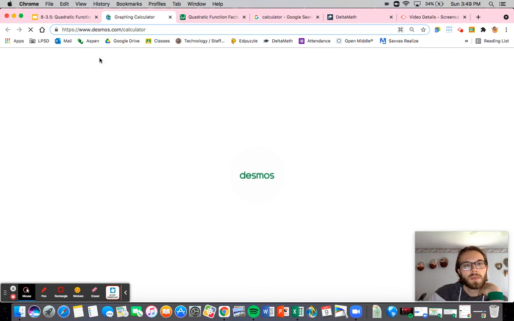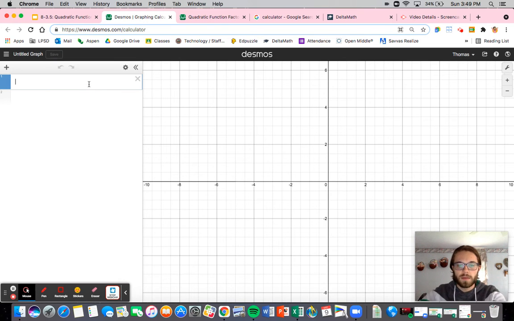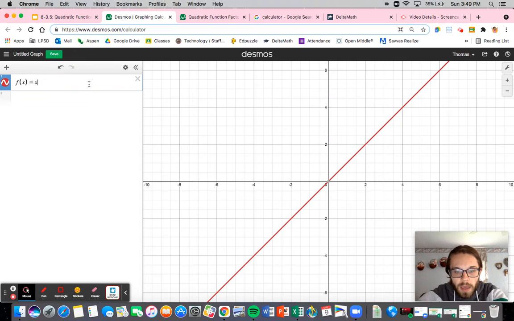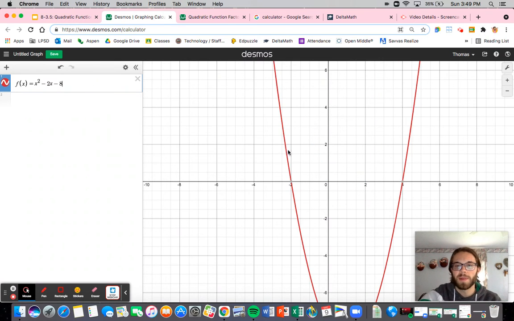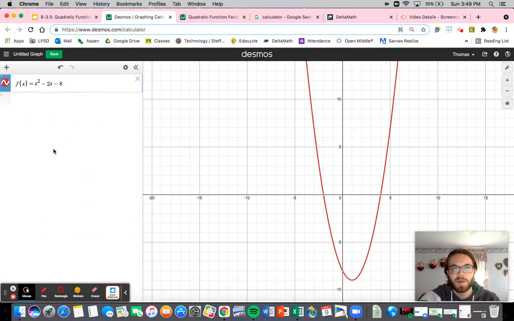Now, just for the sake of this, if you look at it, f of x equals x squared minus 2x minus 8, you will see here's our parabola. Now, I'm going to hide that real quick.